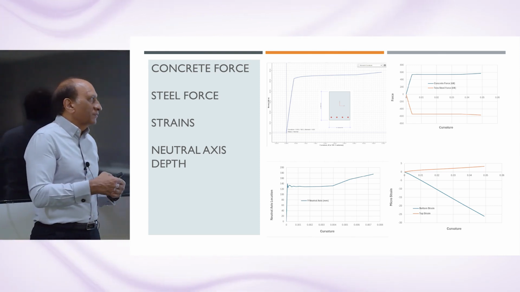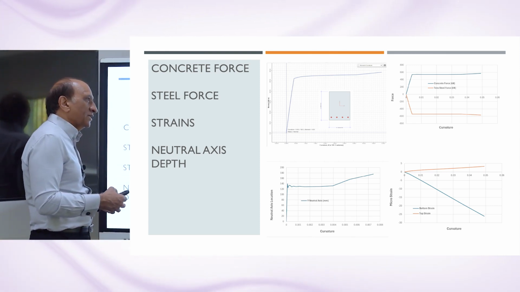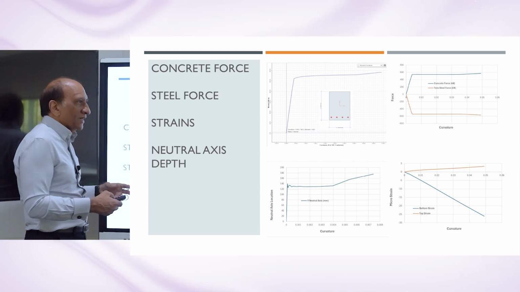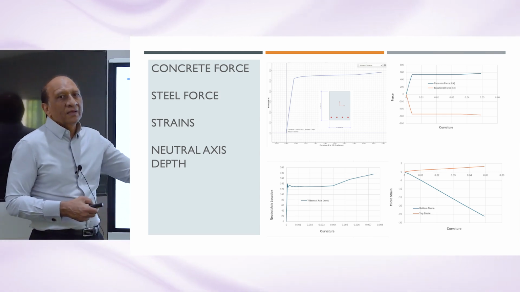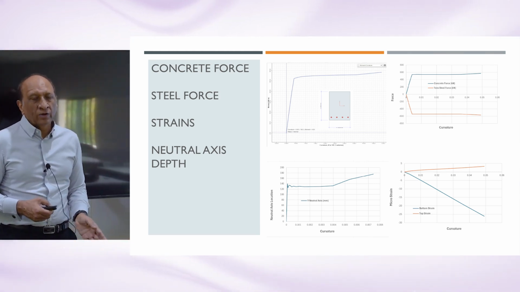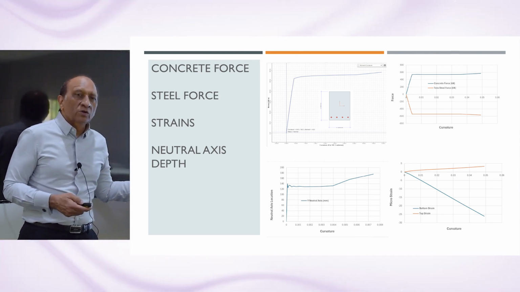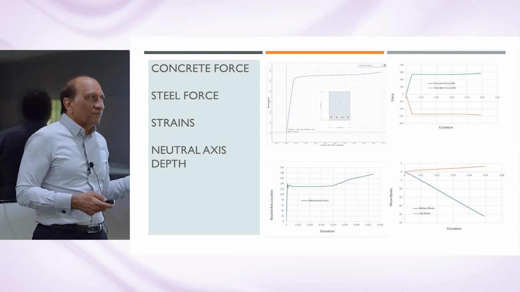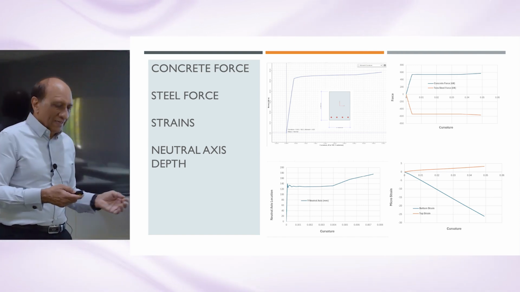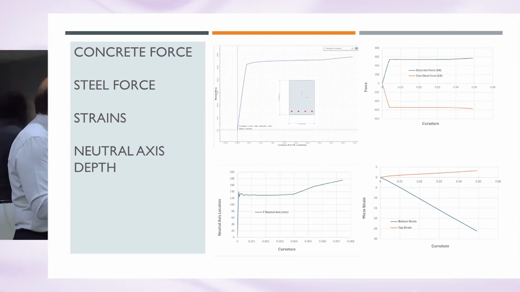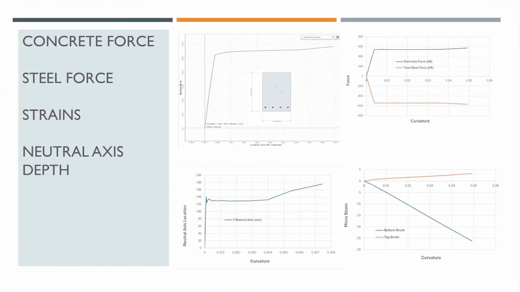You can know the steel force in each bar, concrete force, neutral axis depth, everything at every curvature point and corresponding moment. So this is, I think, a tremendous amount of information which could not be possible by traditional capacity-based design only.